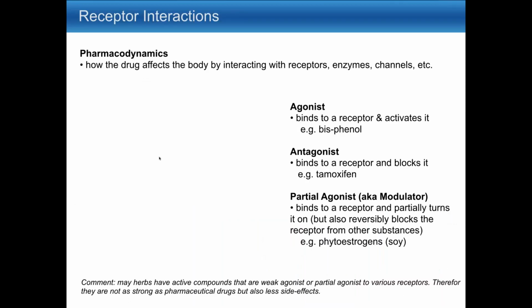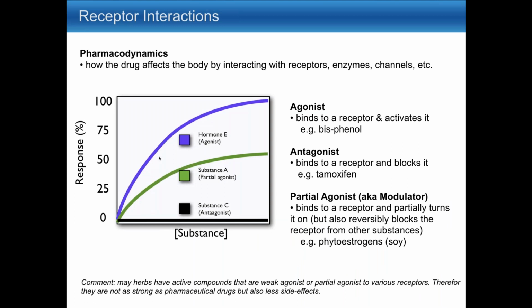So that's pharmacokinetics. Pharmacodynamics refers to what is going on at a receptor or protein level. So most drugs, I would say, target specific proteins that the body makes and do something to them.